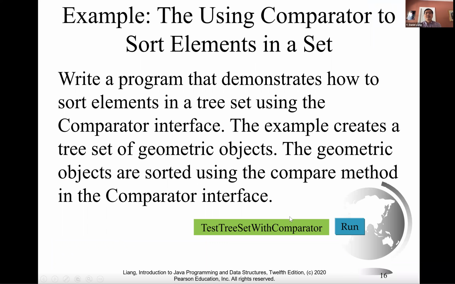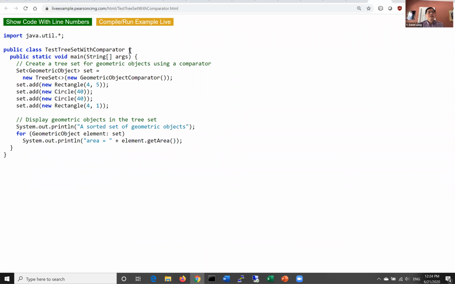Let's look at another example, where we use a comparator. We create a tree set using the comparator. This comparator was defined in section 20.6 when we introduced the comparator interface.